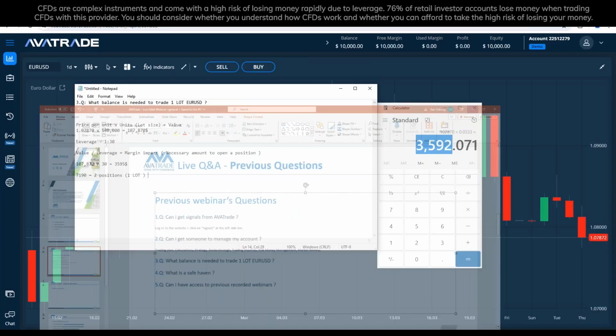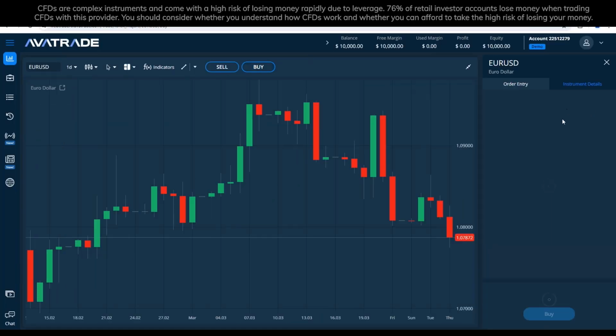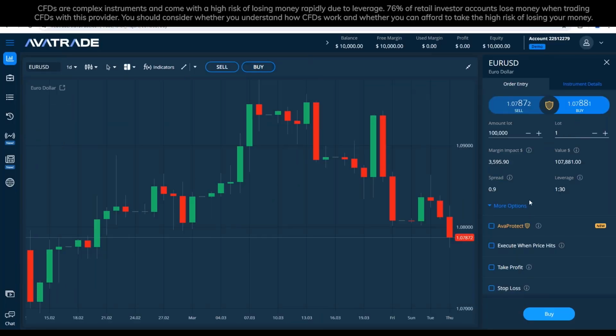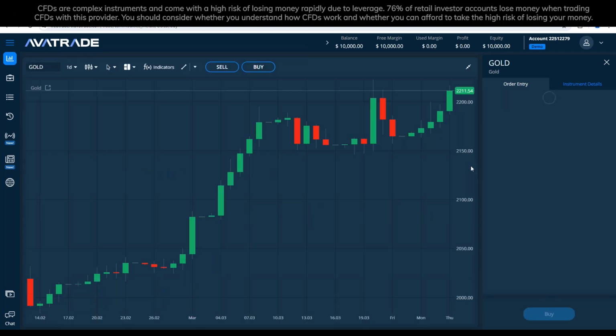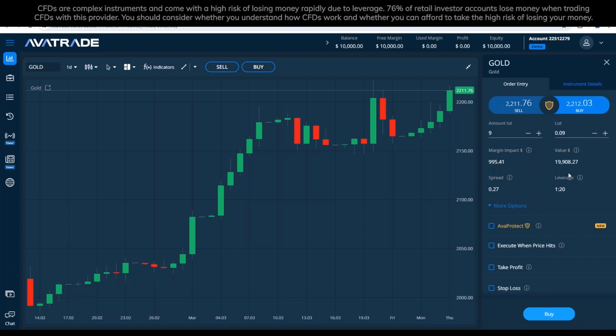Before I skip on to the next one, I just want to show you that this formula works with any other asset, right? So even if we take gold as an example, and gold will be 1 to 20, so let's change it to 1 lot.